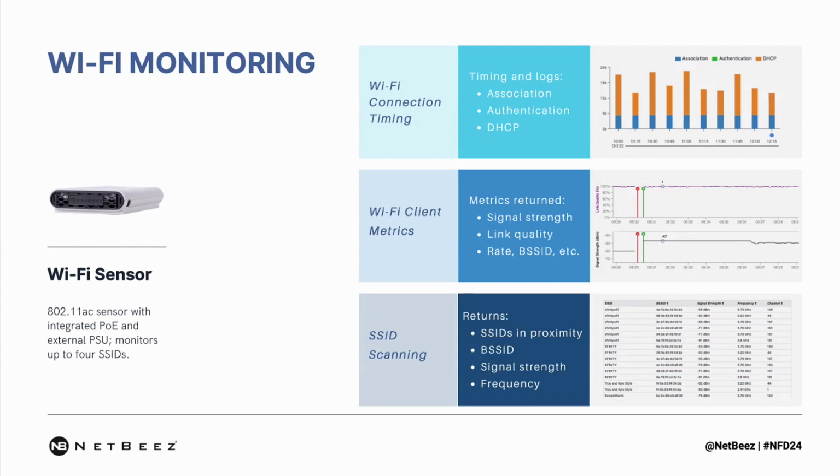While the sensor is connecting and disconnecting through the different networks, it measures the Wi-Fi connection timing, and it breaks it down by association time, authentication time, and DHCP. You can view those in a timeline, and you can understand the performance of your Wi-Fi network authentication backends and so on.